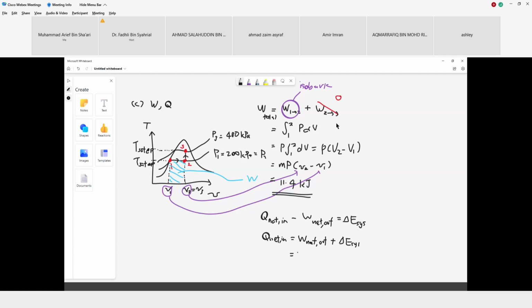W net out is actually W out minus W in plus W B. Then delta E system, delta U plus delta KE plus delta PE.